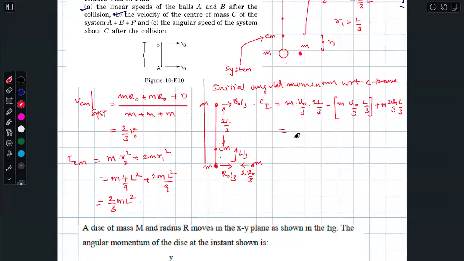Denominator is 9. mv naught L common, 2 minus 1 plus 2, 4 minus 1, 3. This is nothing but mv naught L by 3. 3 numerator, 9 in the denominator. So 3.